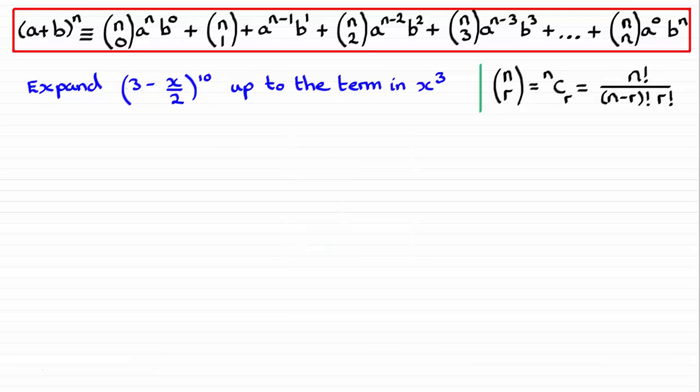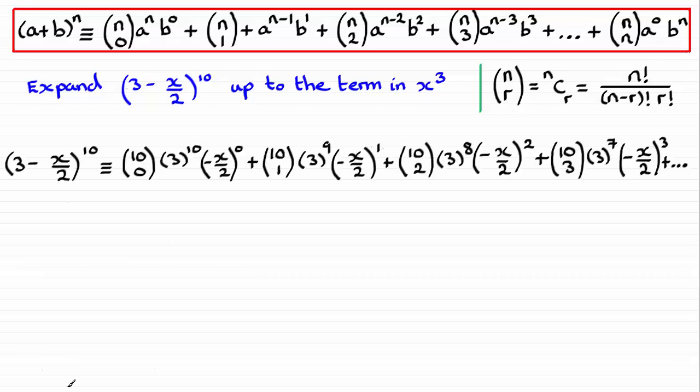Okay, welcome back then if you had a go. So in this example, the a here is going to be the 3 and b is being replaced with minus x upon 2, and the power n is 10. So using the formula up here, you should have a line something like this. You'll see in each term we've got 10C0, then it's 10C1, 10C2, 10C3 and so on.